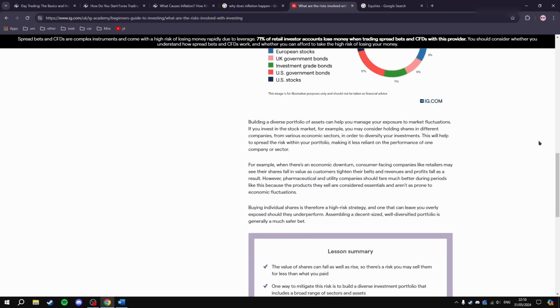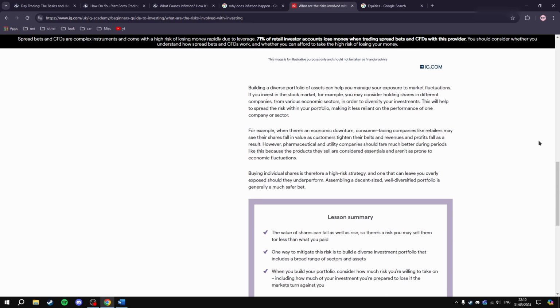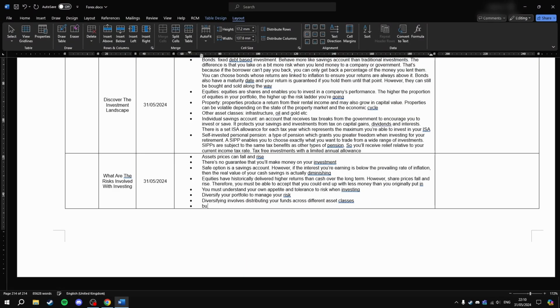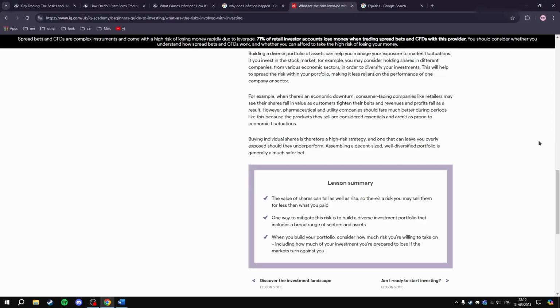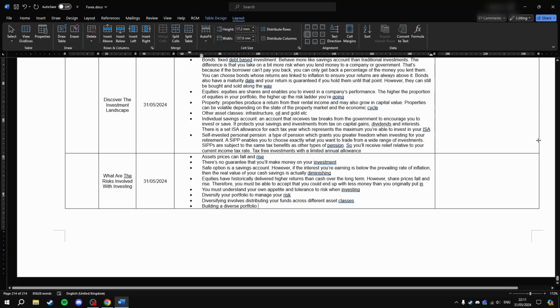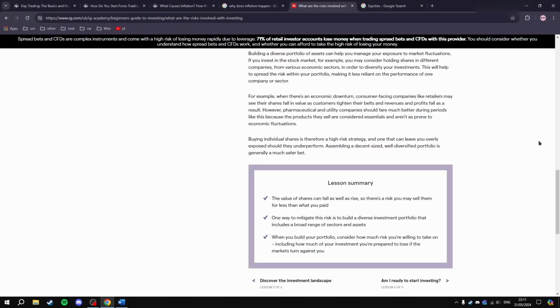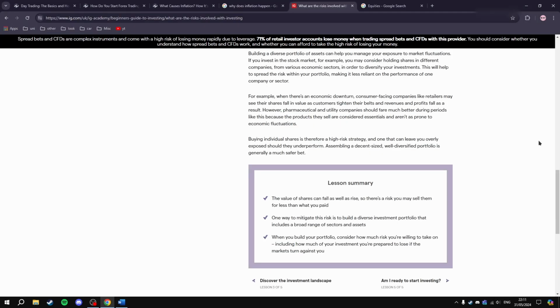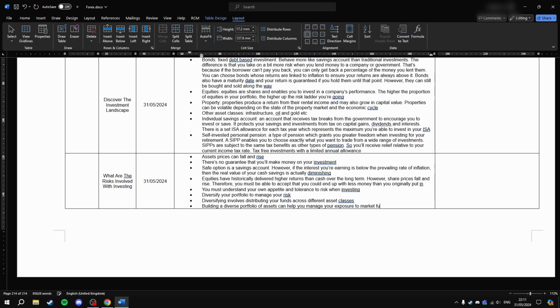Building a diverse portfolio of assets can help you manage your exposure to market fluctuations.